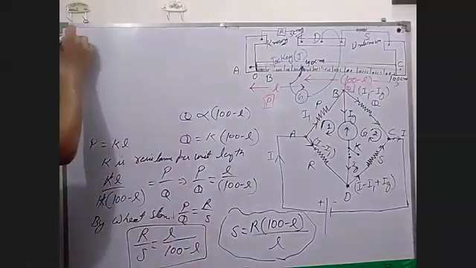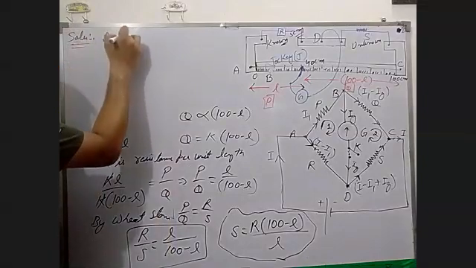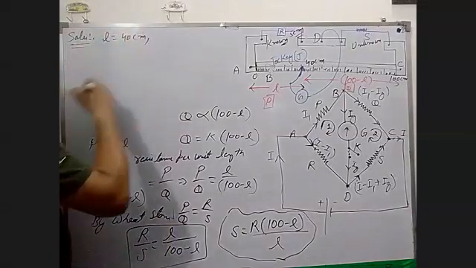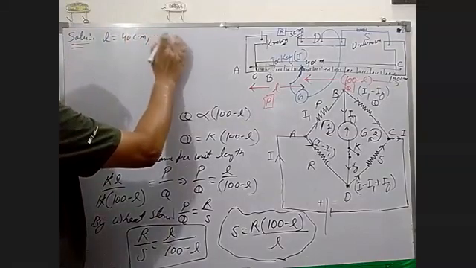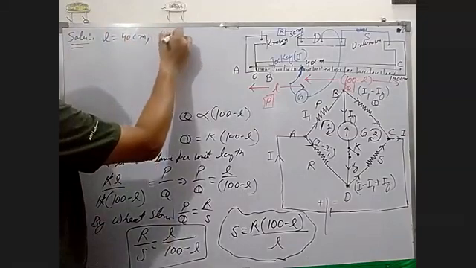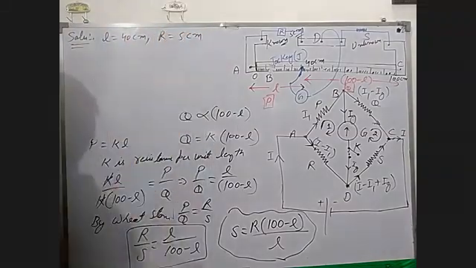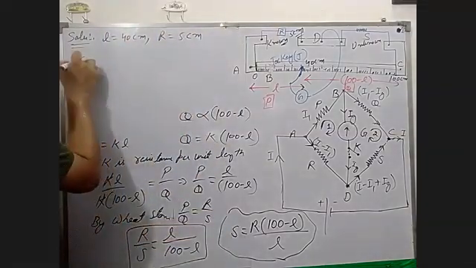So in this, we can take the value of L as 40 centimeter, and 100 minus L is 60. Now R is 5, then how can you calculate S?